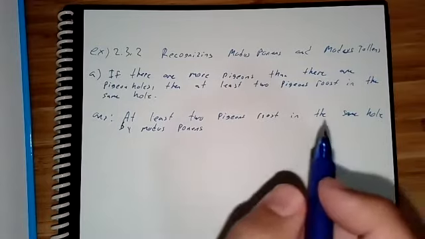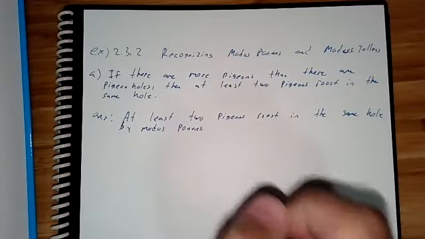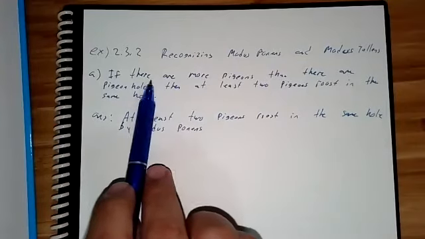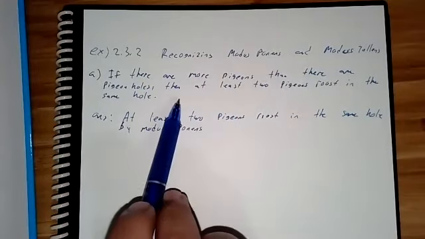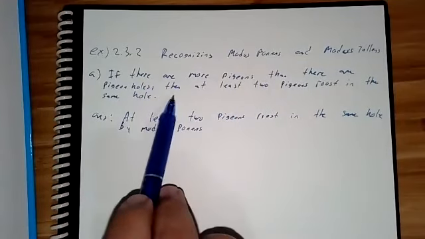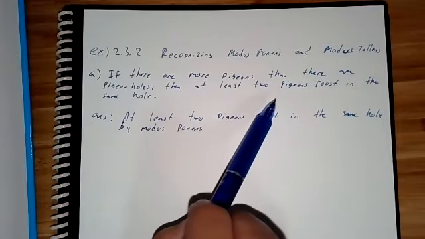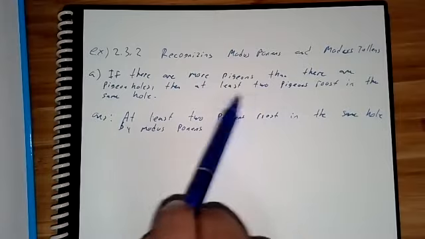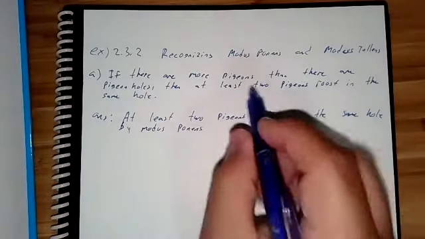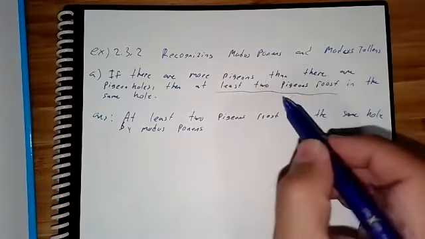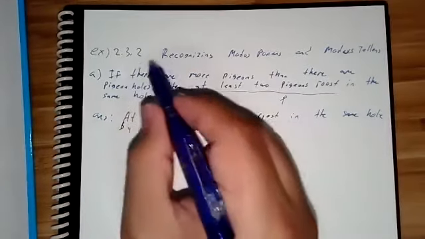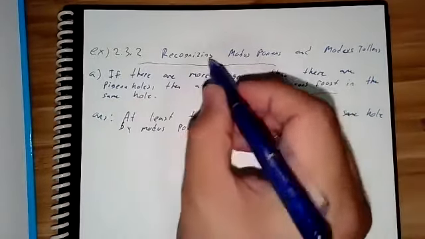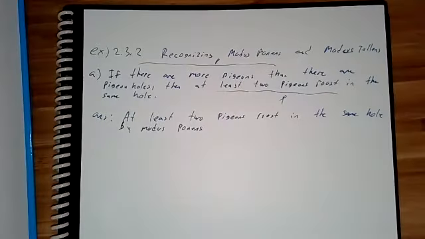Right, because we said if P then Q, P, right? So if there are more pigeons than there are pigeonholes, that's P, then at least two pigeons roost in the same hole. So this is P right here. This is also P. Okay, so you have to identify which one it is.